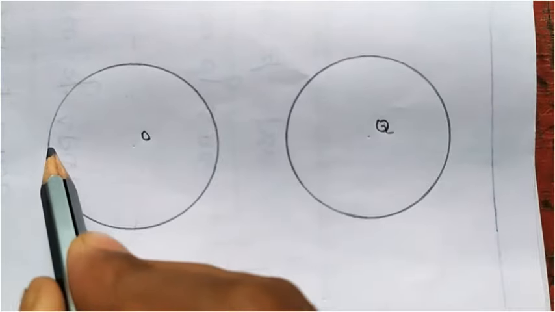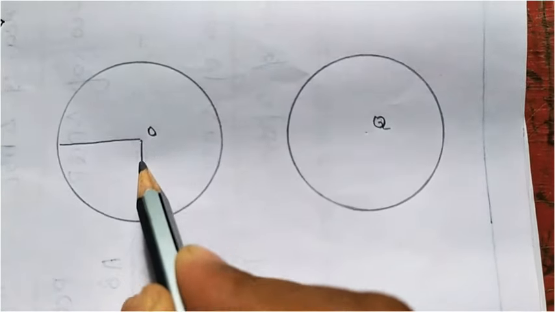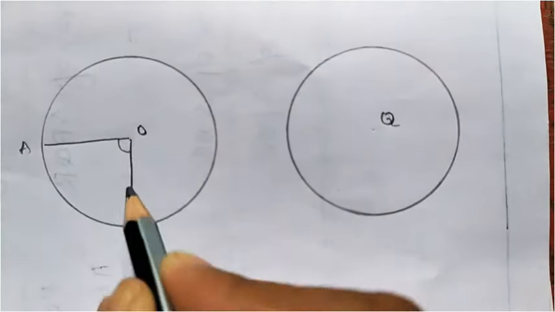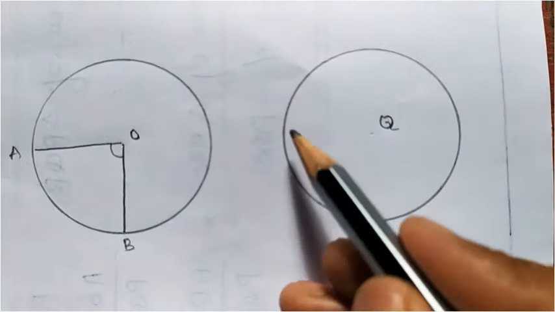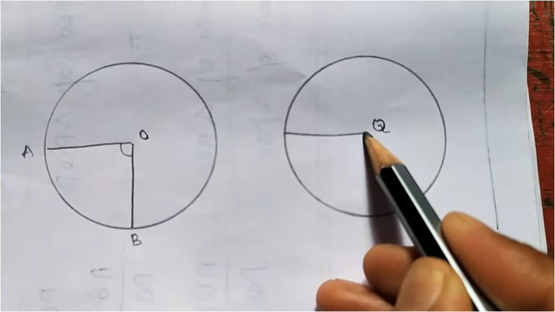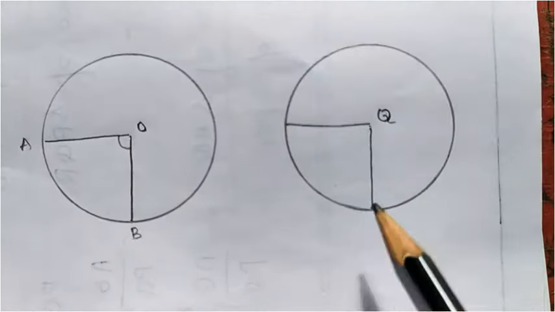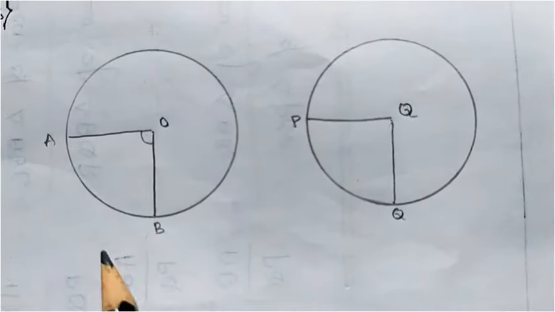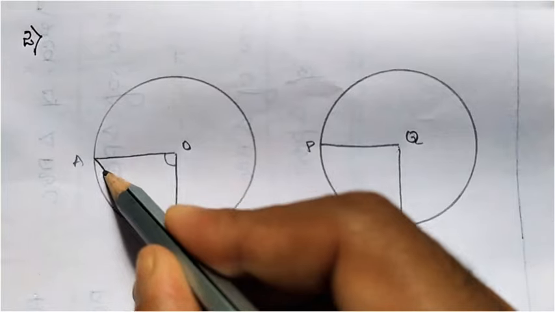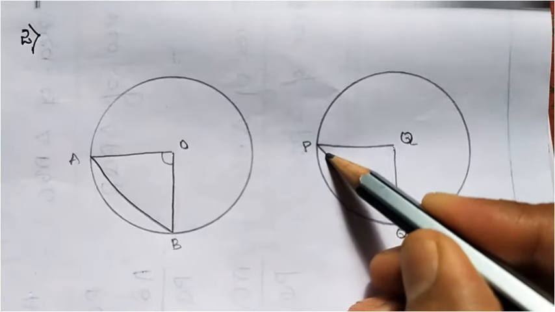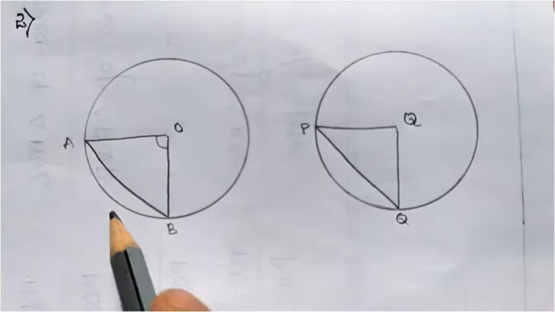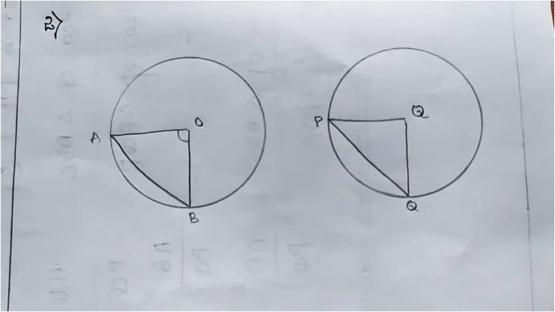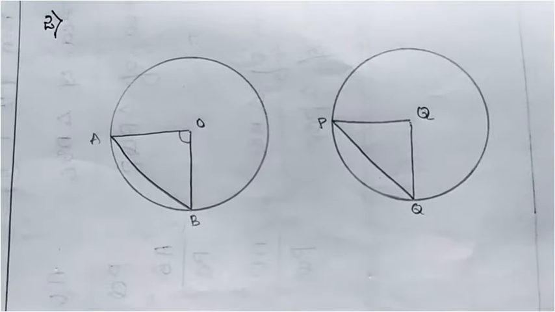I will take one angle here and name it AOB, and I will take another angle here and name it PQR. We have to show that arc AB is equal to arc PR. Let's do this using congruency properties again.